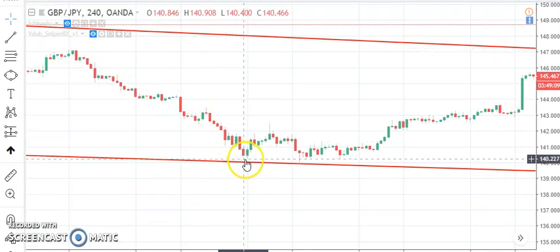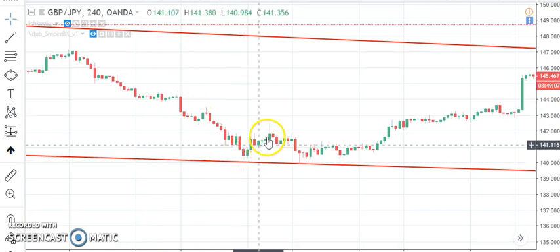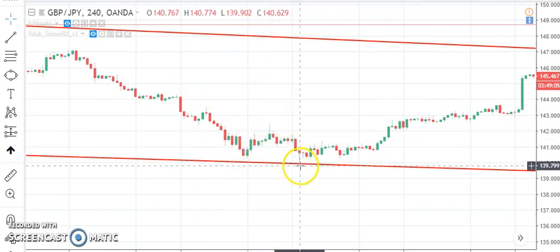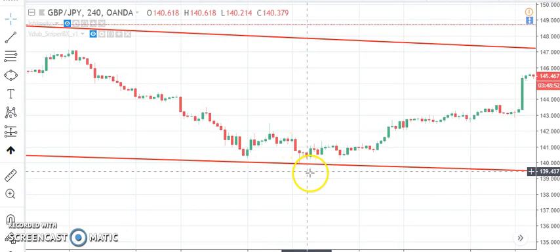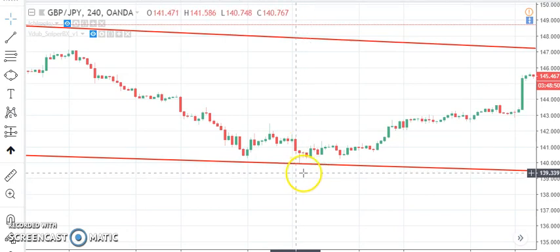It touched the trend line once, came up, came down, touched it again. It gave you a pin bar or an inverted hammer, which is a signal that you are going to get a trend reversal. So when you see certain things like this, market structure and price action, you can get in for a buy, place your stop loss a few pips below it, right.